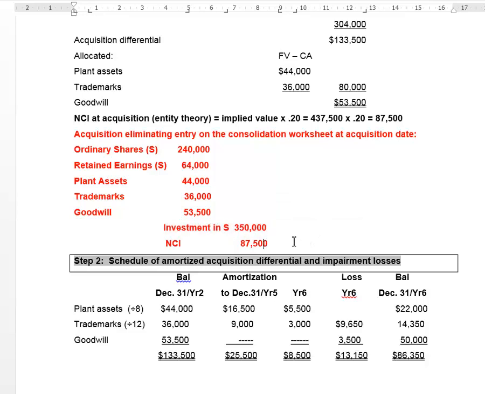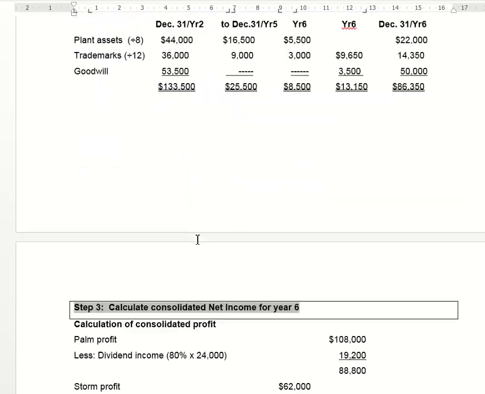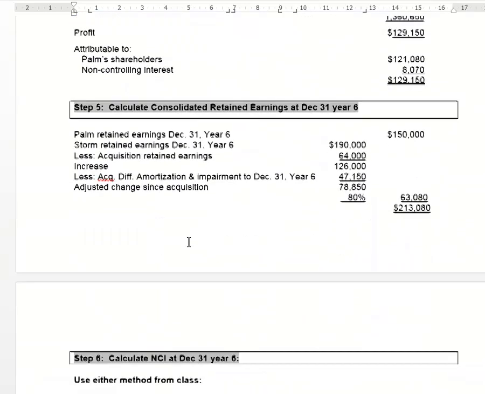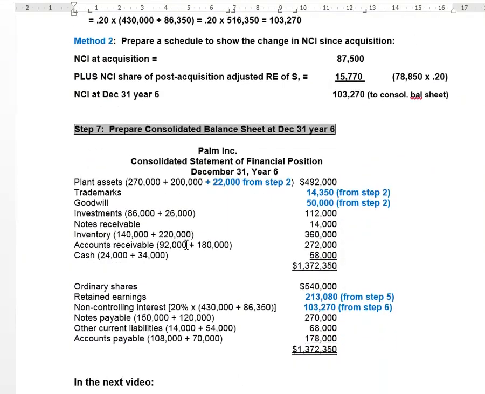And again, we also have the NCI share of the fair value listed there as well. So don't forget, the investment in the sub has been eliminated as a result of doing this acquisition eliminating entry. So it's not going to appear here on the consolidated balance sheet.